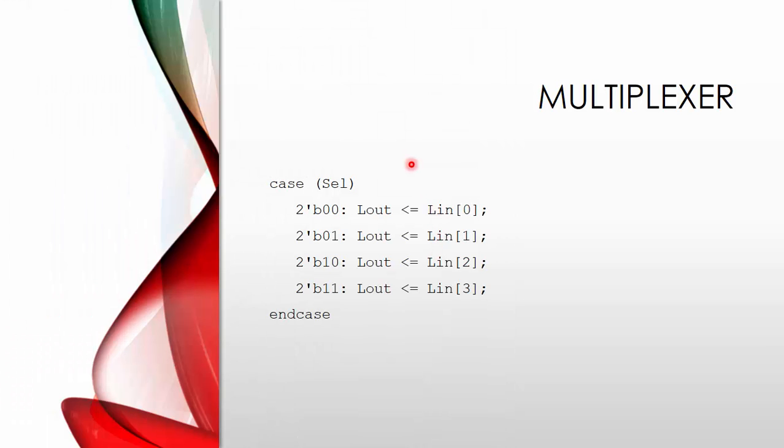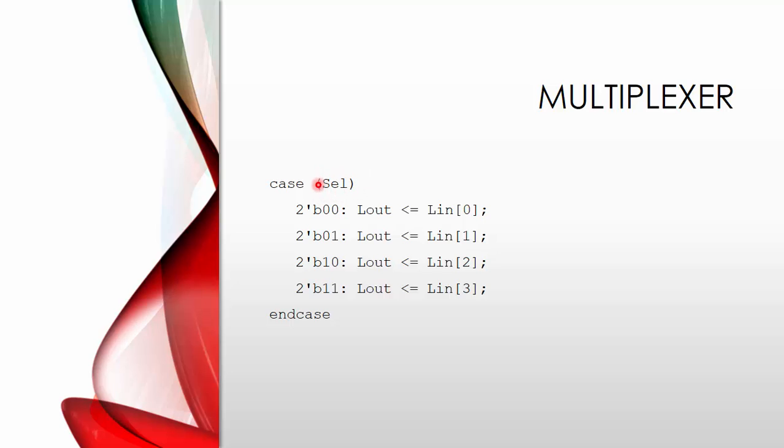But if the multiplexer somehow need to be inside an always block, then the multiplexer need to have register or latch. So in that case, we can use case block to assign the value to the output of the multiplexer.